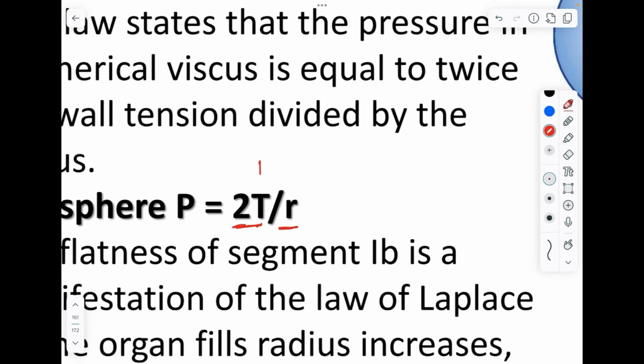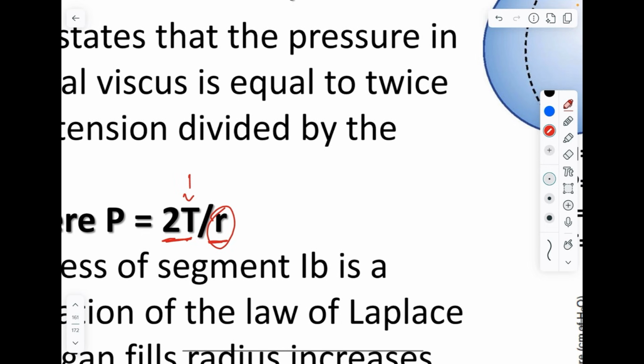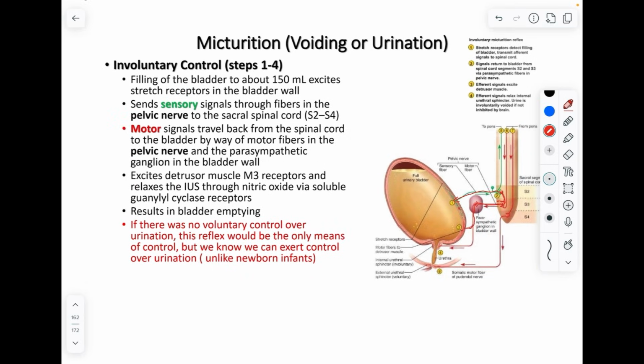When you are increasing the volume, you are increasing the tension, because more urine has tension with the surface of the bladder. But at the same time you're increasing the radius, because the bladder is being stretched. So if you increase this and you increase this, what would that lead to? The same pressure. So it maintains the same pressure because of Laplace's law.